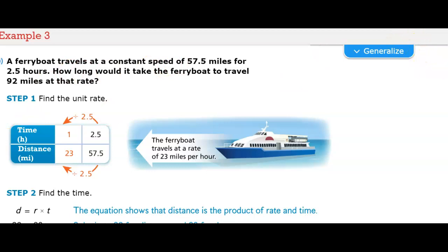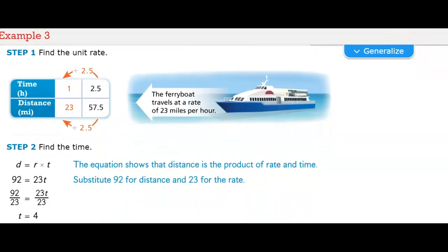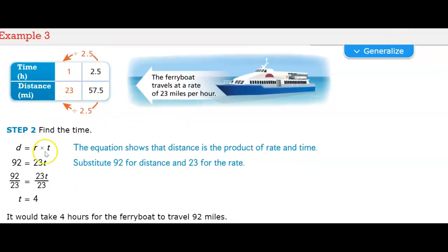The rate is 23 miles per hour, and the time is what we're solving for. Then we divide both sides by 23, and we get T by itself because 23 divided by 23 is 1. And 92 divided by 23 is 4. So it would take 4 hours for the ferry boat to travel the 92 miles at the same rate.